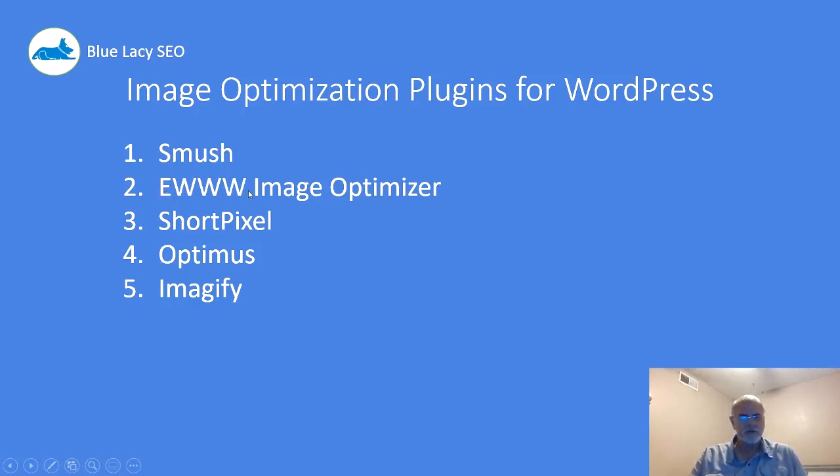I don't know what the WWW stands for, but ShortPixel, Optimus, and Imagify. This is the one that I use most often because I have the paid version. I believe all of these have free and paid versions. The paid version is going to compress a little bit more than the free ones, and maybe have some other options, of course.